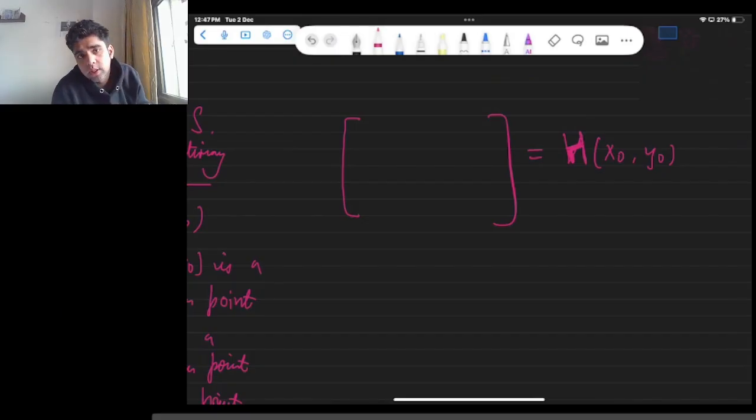So the Hessian matrix, when we have a two variable Hessian matrix, what this says is that you write the second order partial derivative with respect to x here.